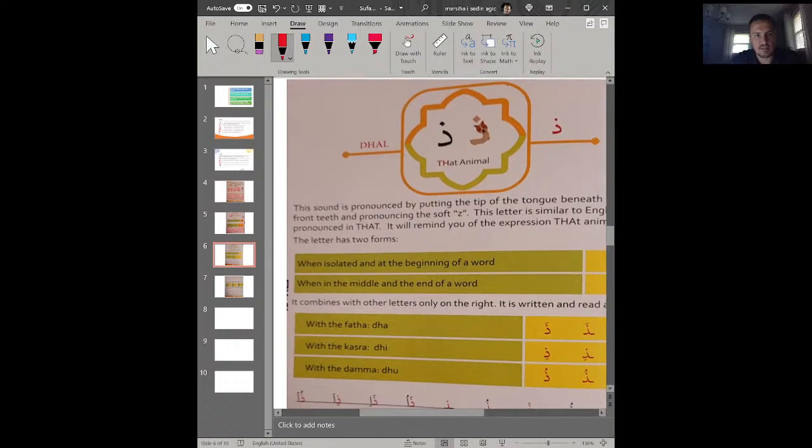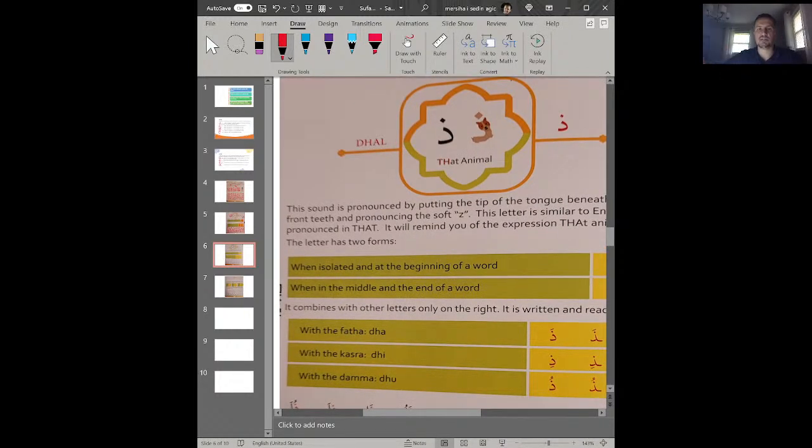The name of this letter, like A, B, C, D, is like Alif, Ba, Ta, Tha, Jim, Ha, Kha. That's how we say the Arabic alphabet. So the letter is dhaal, written D-H-A-L. Th. You put your tongue in front of the teeth. If you go to the mirror, you can see your tongue on your front teeth.